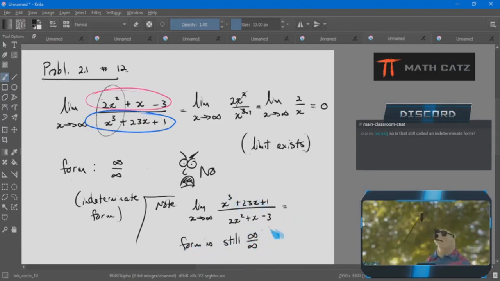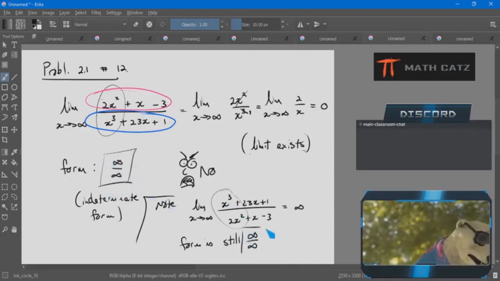They're both individually going to infinity. They're polynomials. However, the answer to this limit, when I look at the behavior of the leading terms, is going to be infinity, because there are more x's at the top than at the bottom. So even though the form is exactly the same in appearance, the answers are very different.